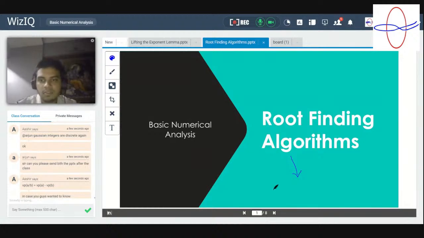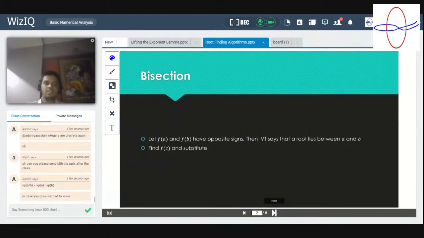So what I'll be discussing will be roots of any polynomial, but generally the trickier your polynomial, the harder it will be to actually use these methods, because most of these are iterative methods.